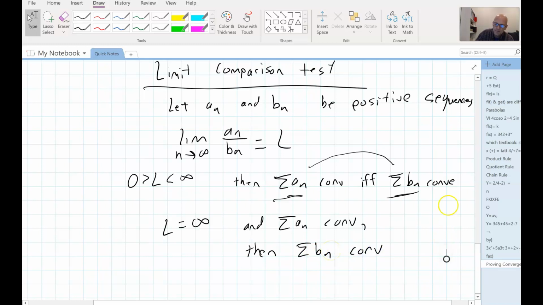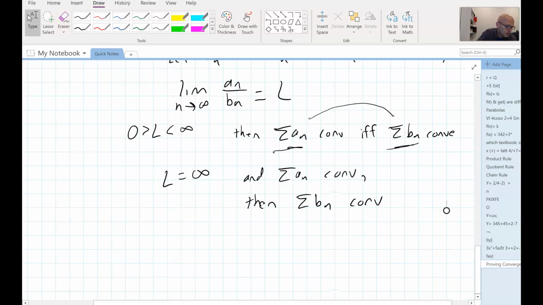And finally, the third condition is if L is equal to 0 and the lower guy converges, then the series associated with the upper guy converges.